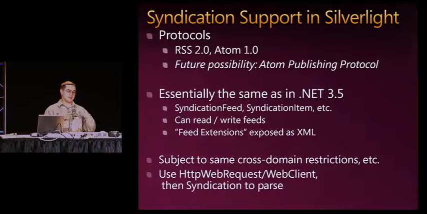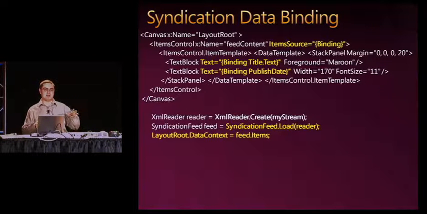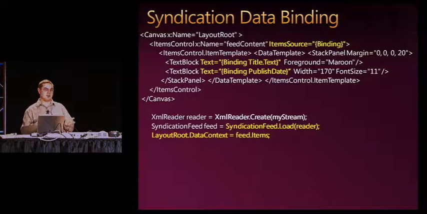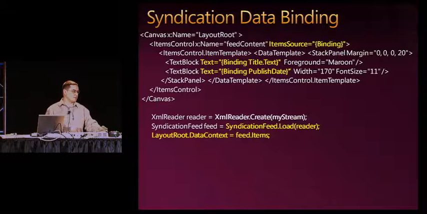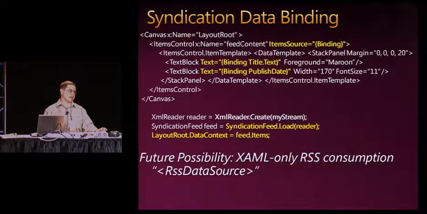You still use your web client, and you just use syndication to parse. And again, data binding. You saw the simple data binding in the demo. We are thinking of creating a XAML-only data binding story where you wouldn't even have to write that code. You'd basically be able to new up an RSS data source and give a URL directly from the XAML and just bind it directly to UI.